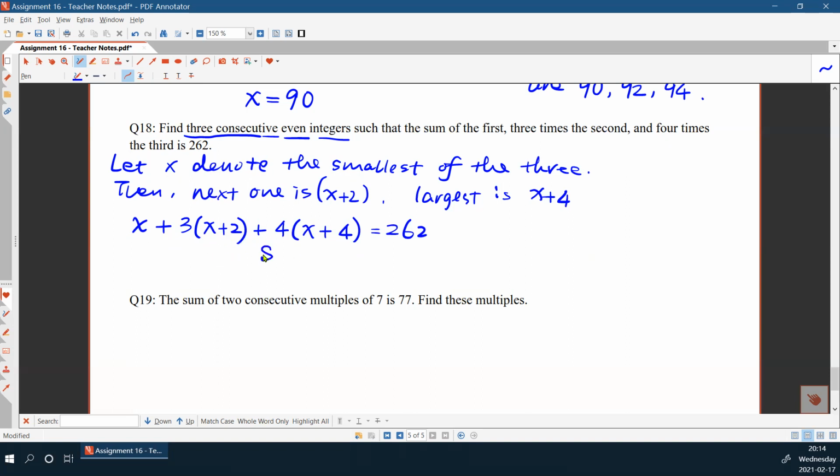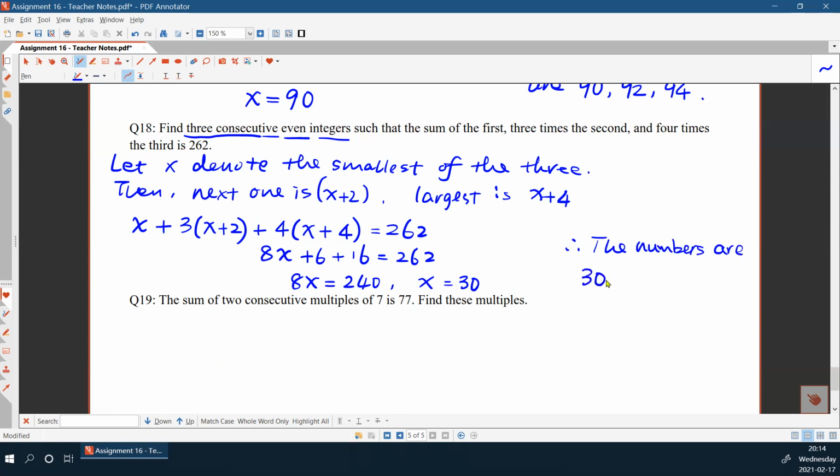So this is 8x plus 6 plus 16 is 262, which is 8x is 240 and x is 30, right? So the conclusion is the numbers are, okay, first one, 30.